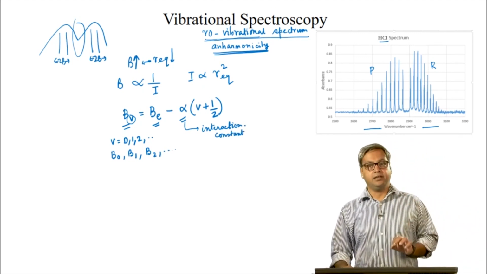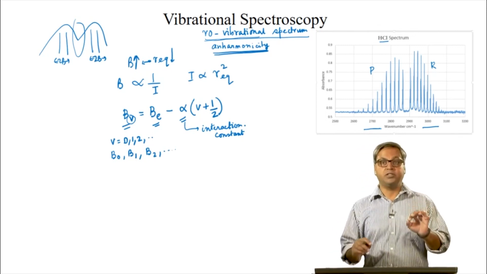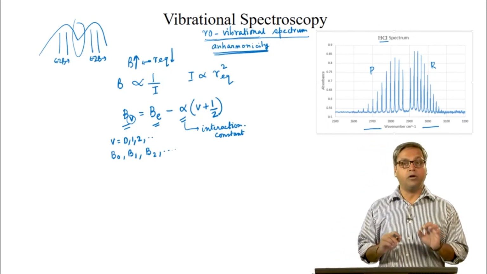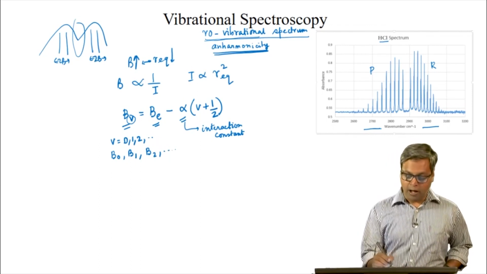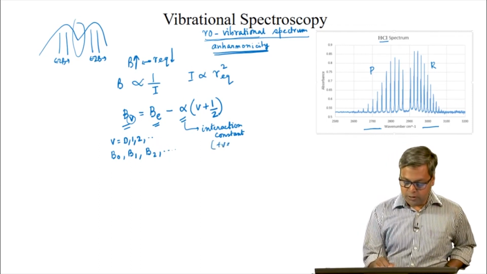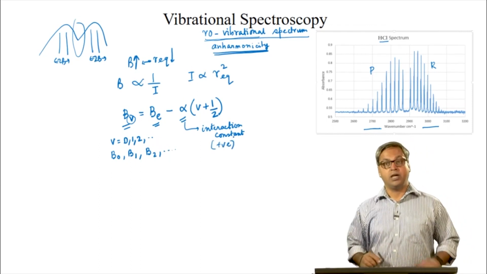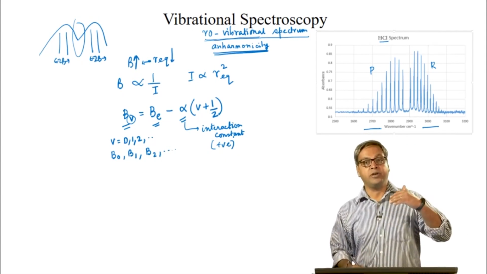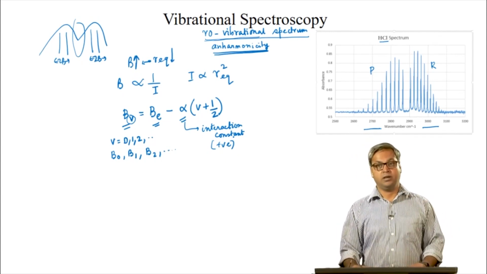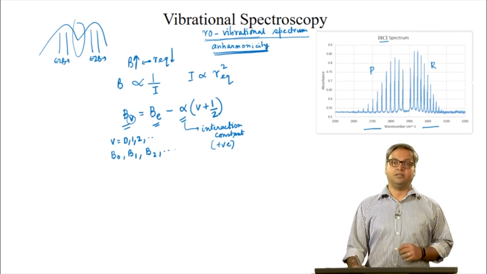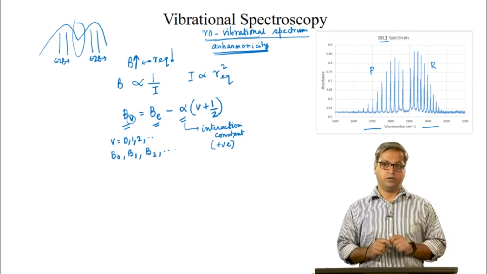It is generally a small positive value for a particular molecule. So, as alpha is positive, as we go to higher vibrational energy levels, the rotational constant gets smaller.